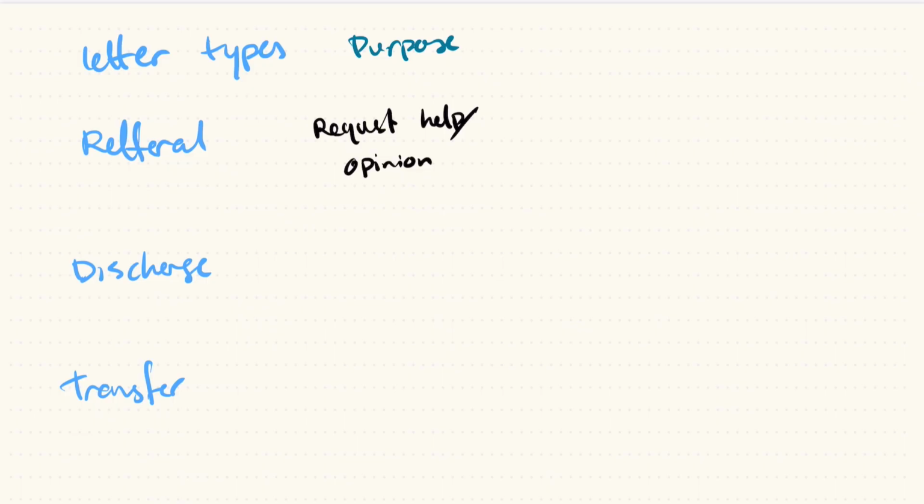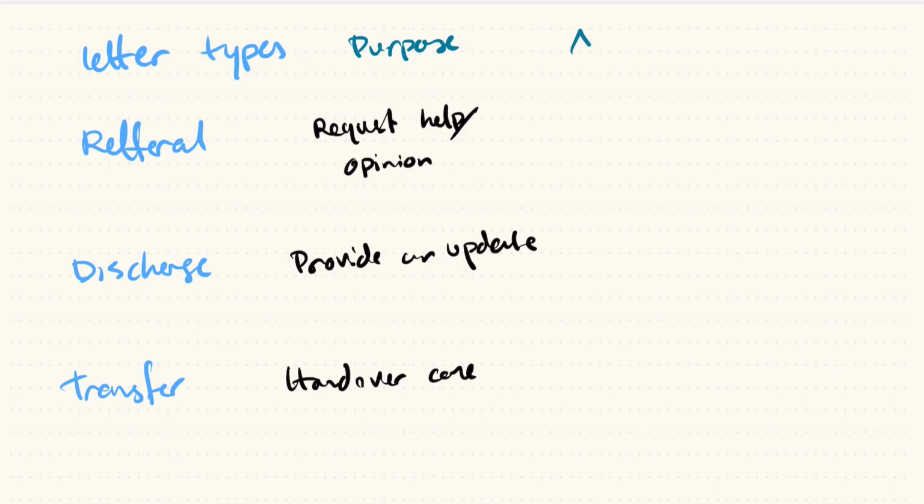The purpose of discharge is to provide an update, essentially, and the transfer is to handover care. So each has a unique purpose.